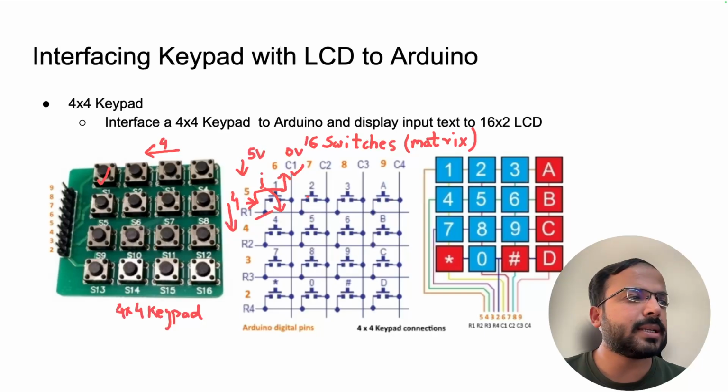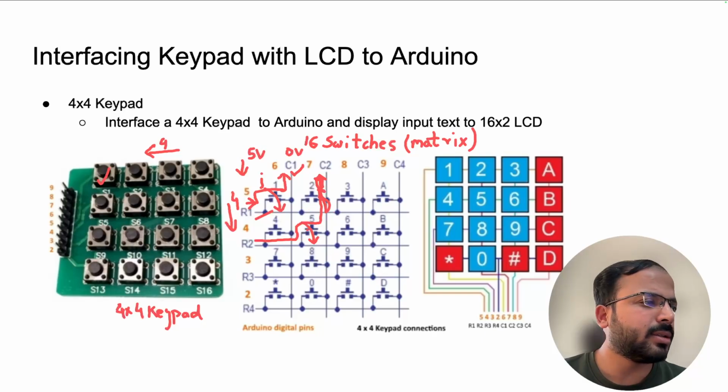Similarly, let's suppose you press key 5 here. How will the current flow? Current will come from here, it will go here, and it will go like this. So this is the direction of the current flow.